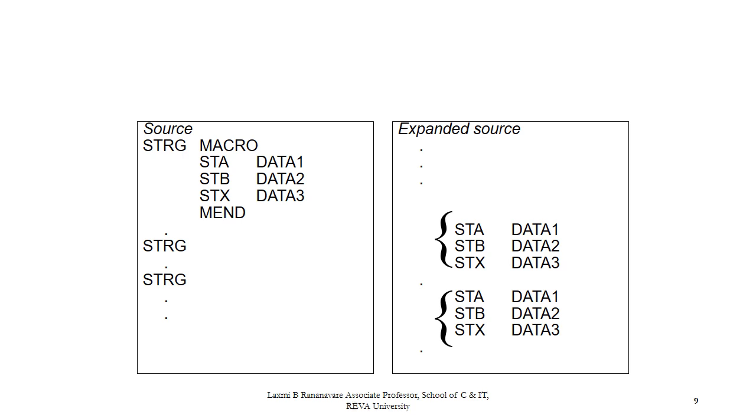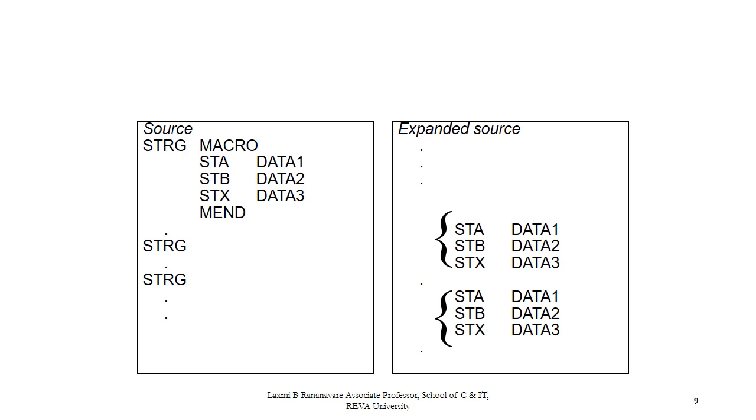So STRG is a macro which is having three instructions: STA data 1, STB data 2, STX data 3, and these are embedded in MACRO and MEND. In the source program, this definition is appearing in the first part of your source program, and this macro is called in two locations in the source program: STRG and STRG.